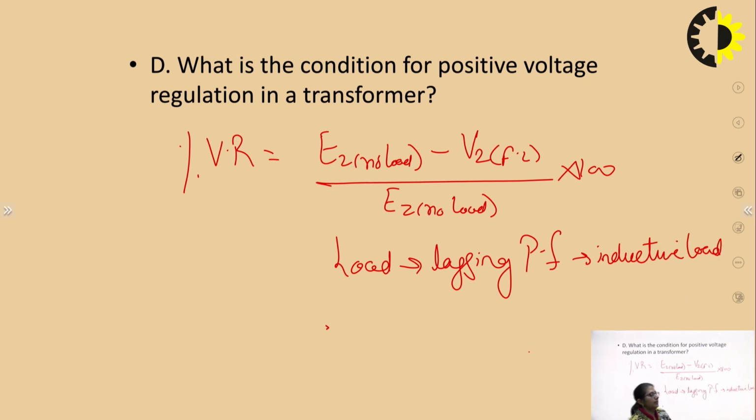That means for a lagging power factor or for an inductive load, the transformer will give us the positive voltage regulation.